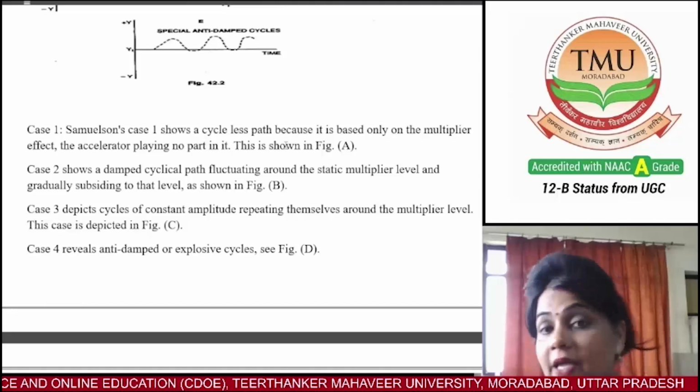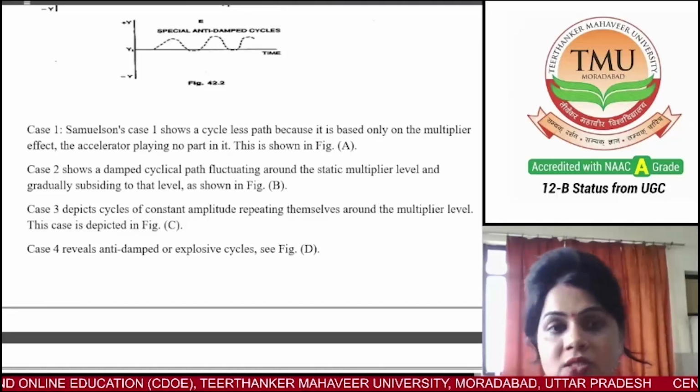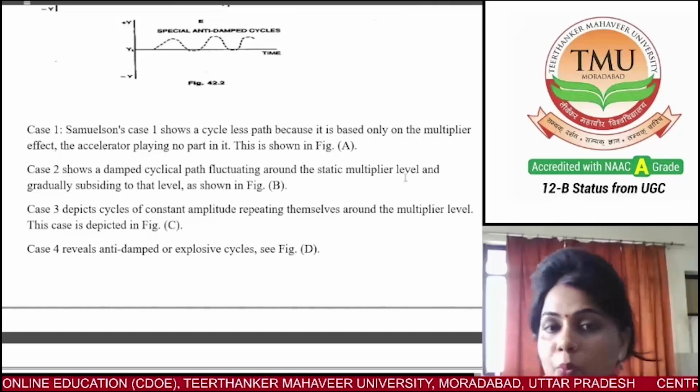So Samuelson's case 1 shows a cycleless path because it is based only on the multiplier effect, as I also discussed, and the accelerator plays no part in it.